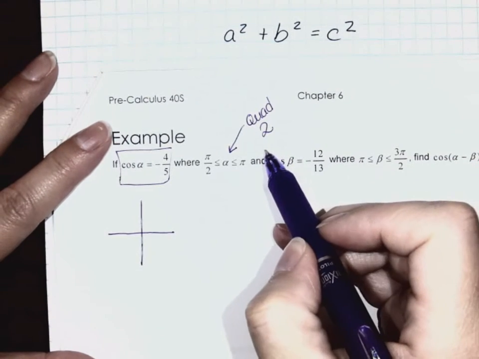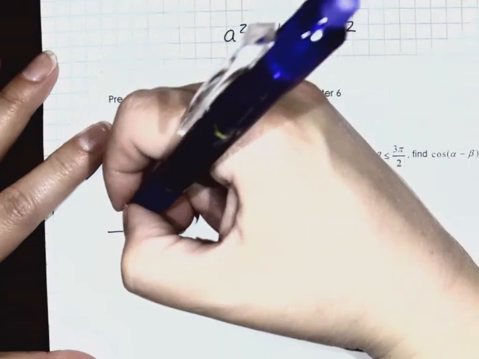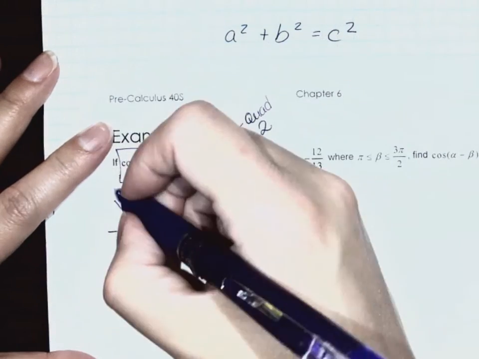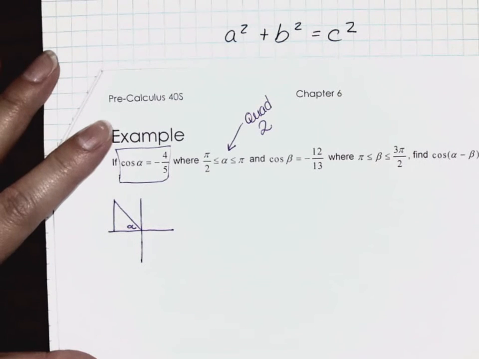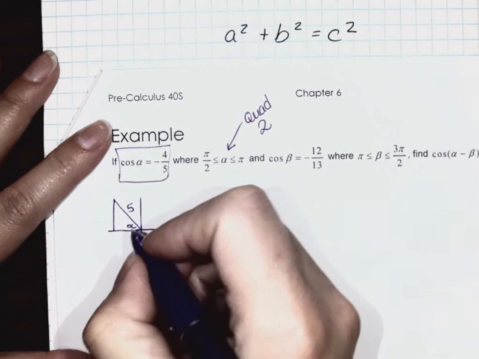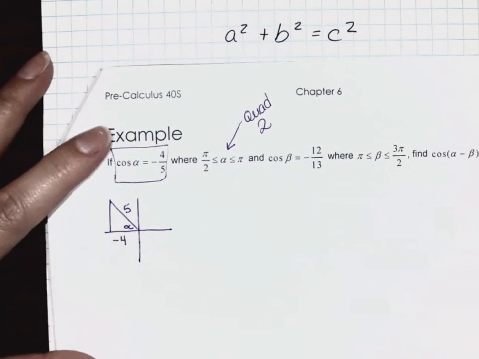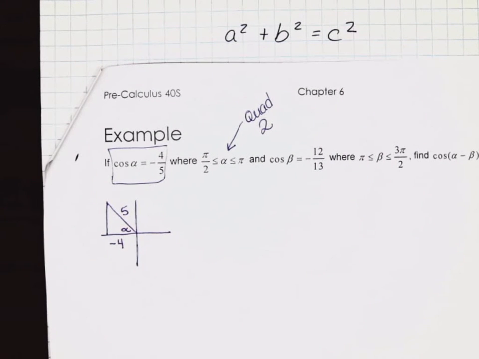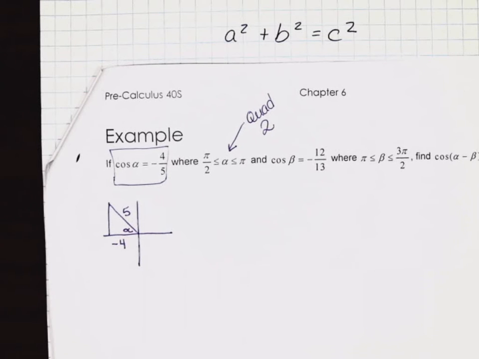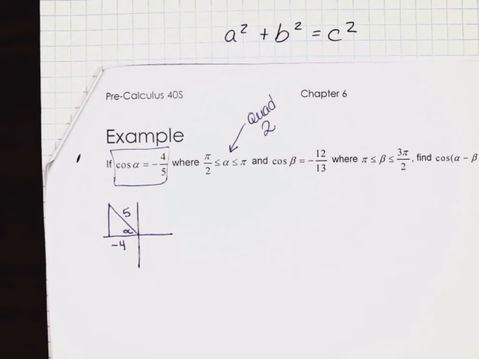Where am I going to be? Quadrant 2. I'm going to label that as alpha. My 5 is going to go here. My negative 4 is going to go here. Ladies and gentlemen, you need to find the other side. So is the hypotenuse always c squared? Yep.